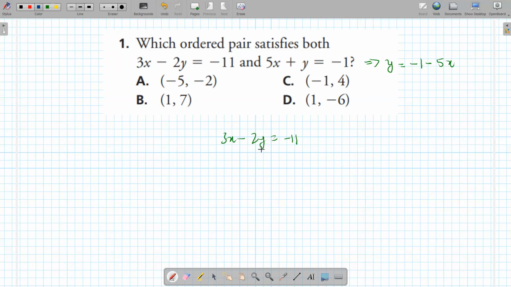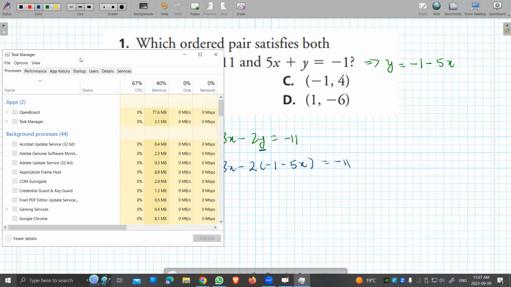Now that y, I'm going to plug it back in here. So you get 3x minus 2 times (-1 minus 5x) equals -11. This is substitution. How do you solve this linear equation? What would you do first if you want to solve this?